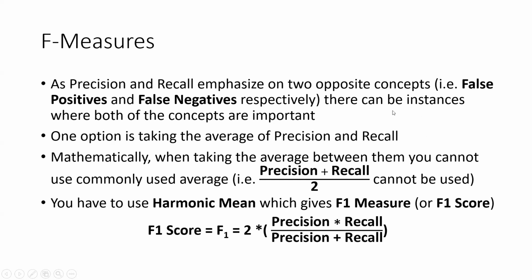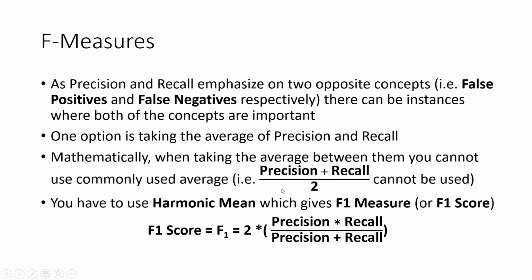That is actually how we make the F measures. However, mathematically, when taking the average between precision and recall, you can't take the common average, like precision plus recall divided by 2. This cannot be used, right?